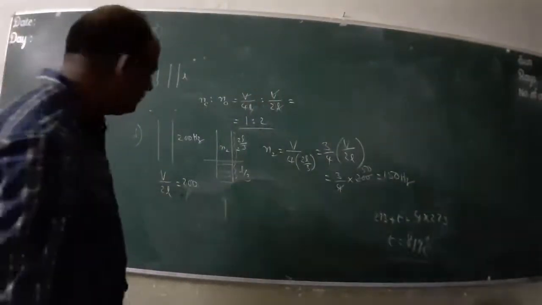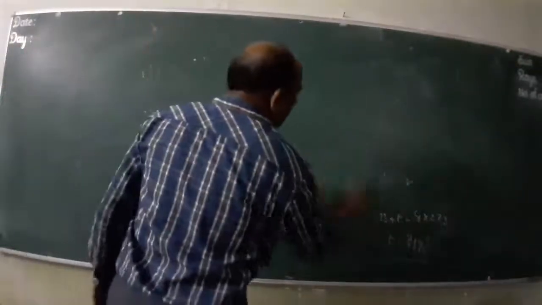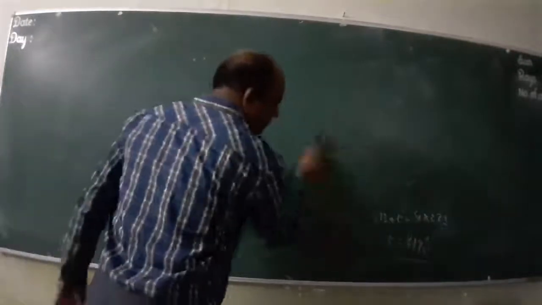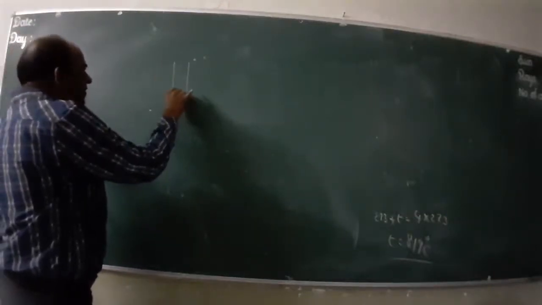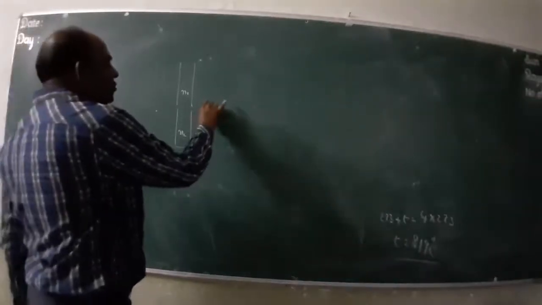Important model. One problem: an open pipe with fundamental frequency N1 and a closed pipe with fundamental frequency N2 are joined to form a single closed pipe. Find its new frequency.